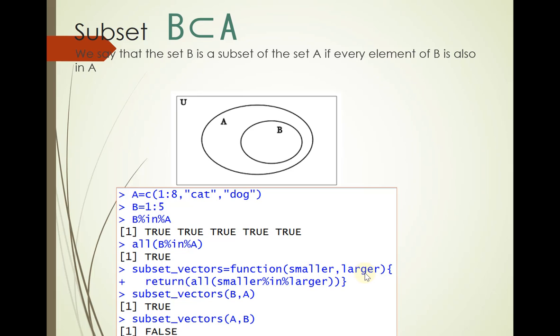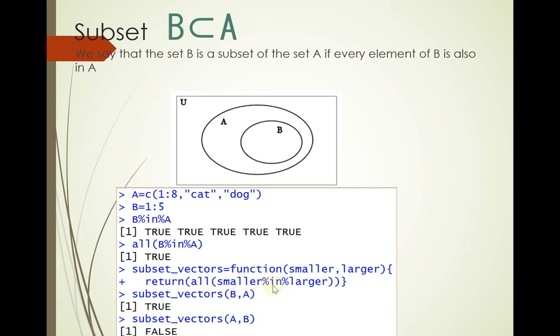And the second one is larger. I just want to put smaller and larger in here for B and A. So smaller in larger and all around that, and return that. And so that's going to return either true or false, depending on whether the smaller one is in the larger one. So this is another way of using the match function.